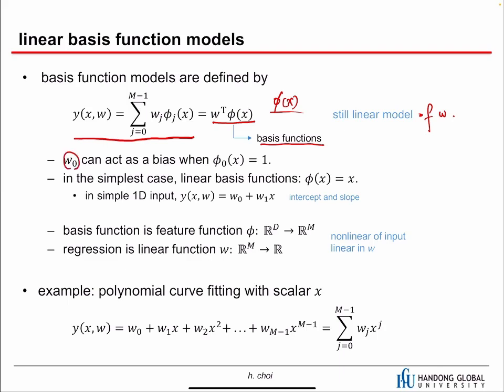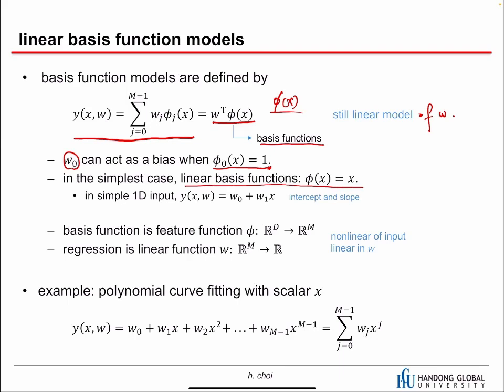And the w0 can act as a bias when phi sub 0 is just 1. And as I said, in the simplest case, a linear basis function is just the identity function.